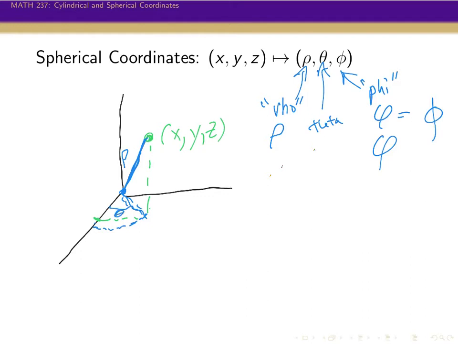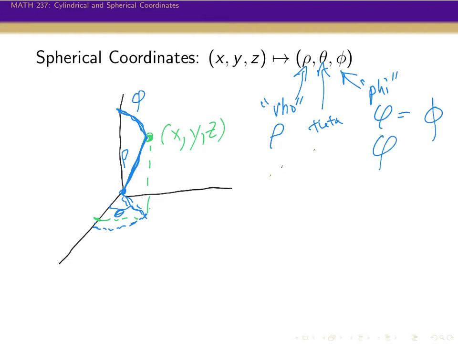That's theta. And then the last one, phi, is another angle, but this angle is coming down from the positive z-axis. So phi is that angle right there that you came down from the positive z-axis to the point.